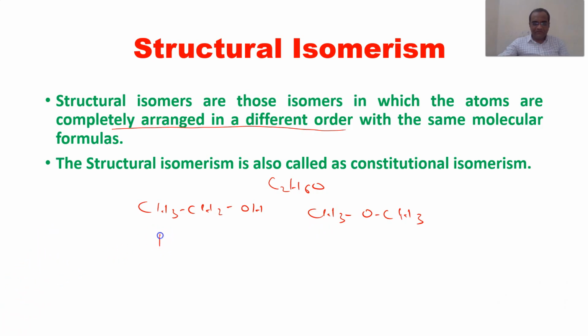I will write the name of this compound. So this is ethanol, and here it is dimethyl ether. So why dimethyl? Because it contains methyl groups, and this O, oxygen, is an ether functional group.